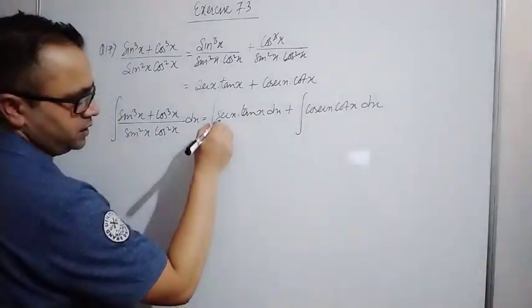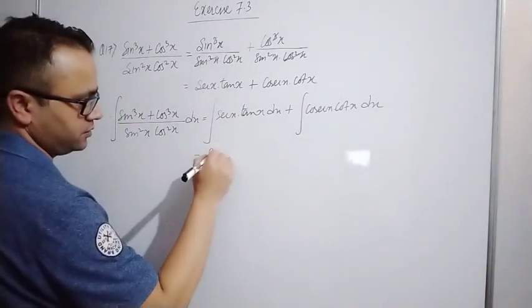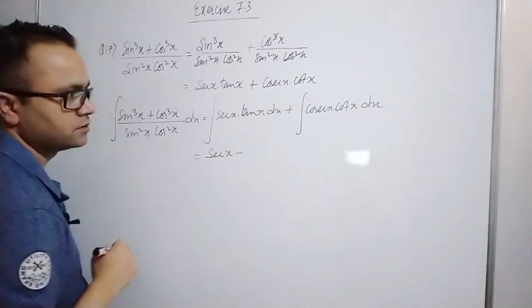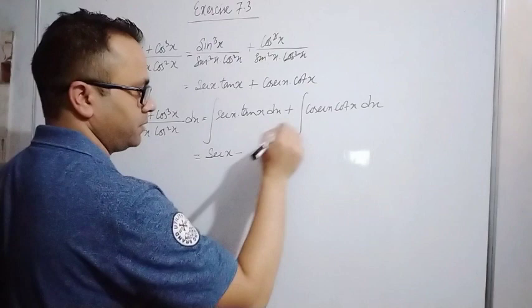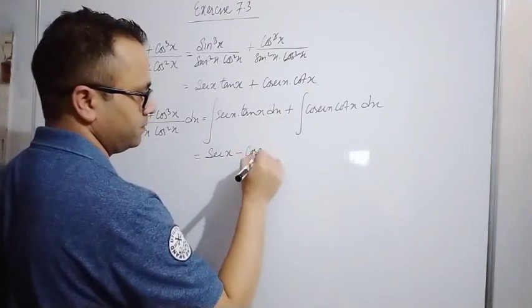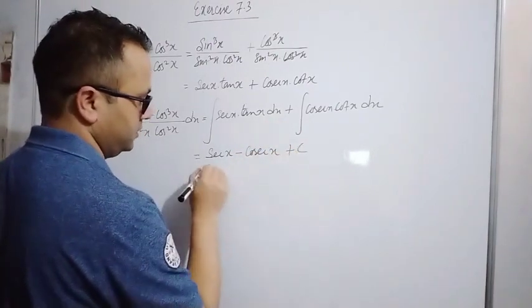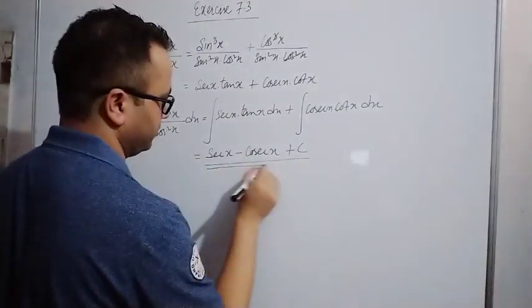So this equals, what is the integration of sec x tan x? It is sec x, minus integration of cosec x cot x is minus cosec x, plus c. This is the answer of question number 17.